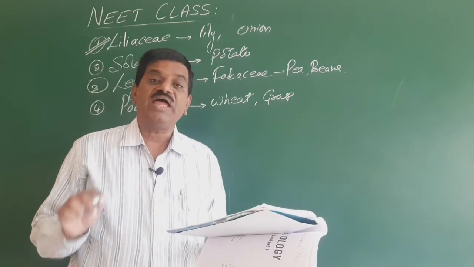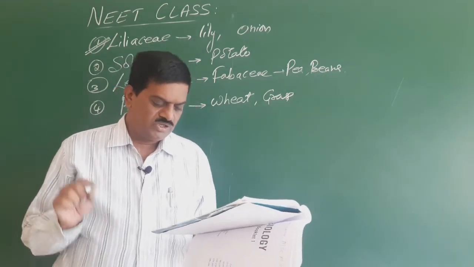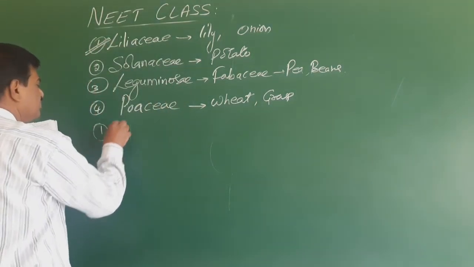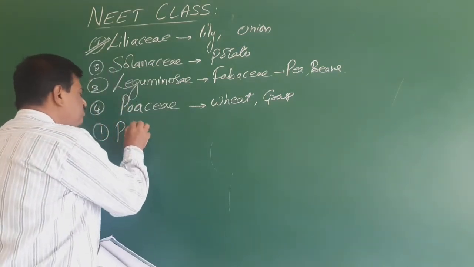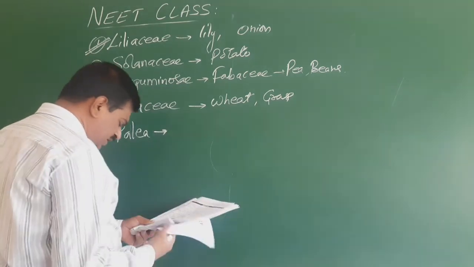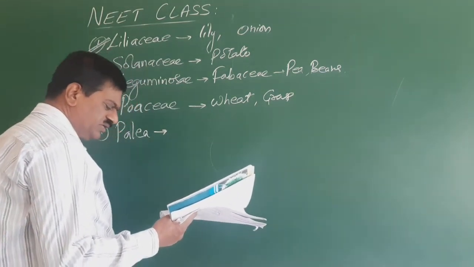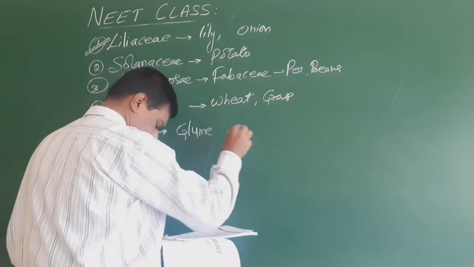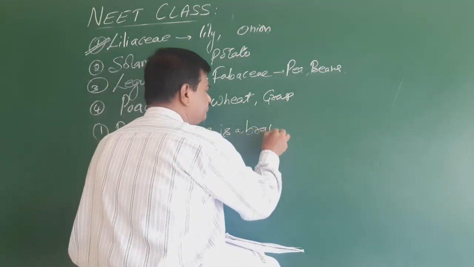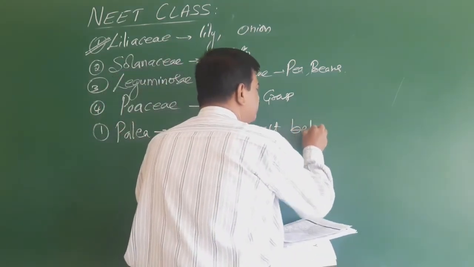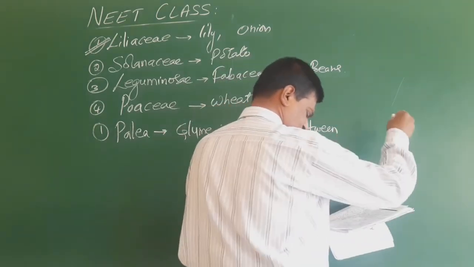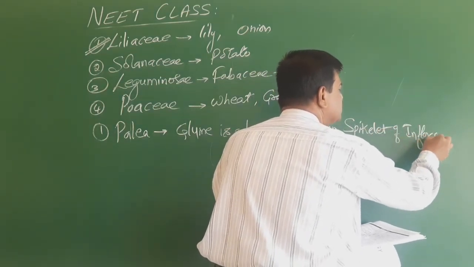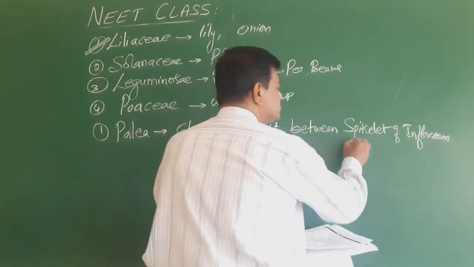21st. Bract of a jowar flower. Jowar. So for the bract of jowar, the first option is called Glumella. This glume is a bract between the spikelets of inflorescence of a grass.